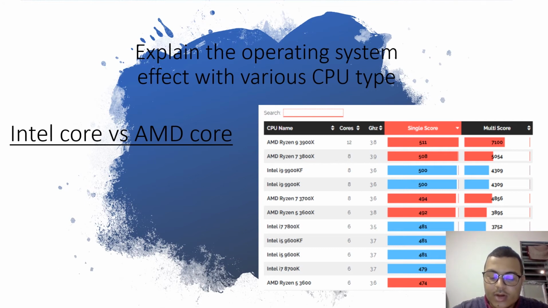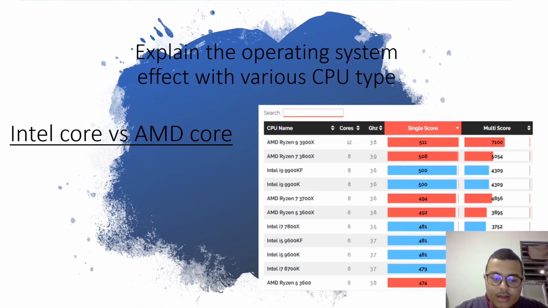So if you look at this diagram, you will realize that Intel and AMD have many types, and each one has its specification. So you can look at this diagram and choose which CPU is more suitable with you.